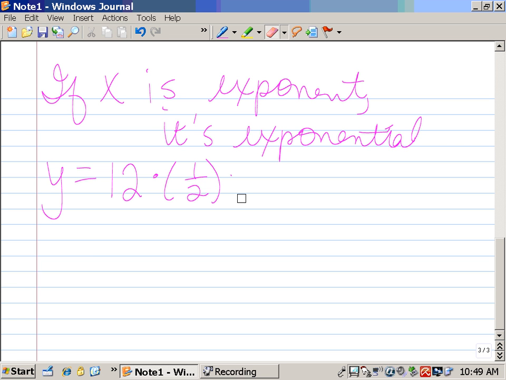No solution? All real numbers? What is it? It's not a point. It's a line. Linear. It would be the line y equals 6, which is straight across at 6.